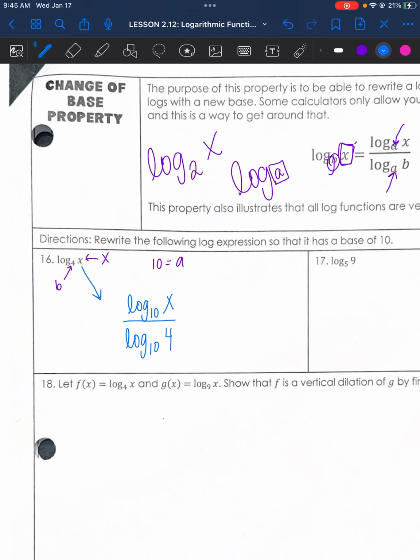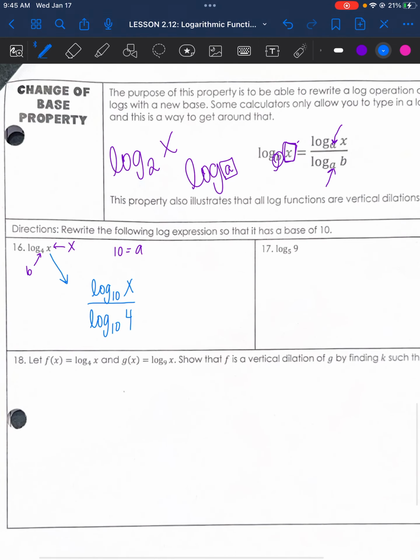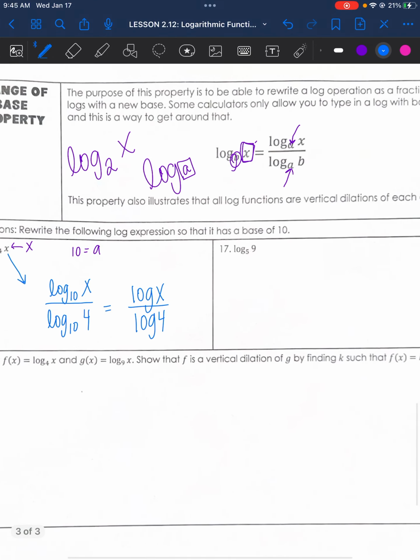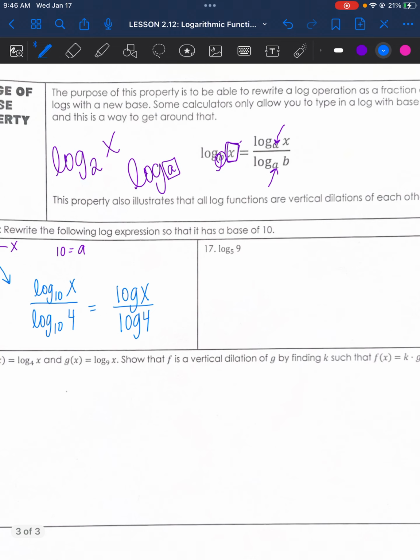Now be careful, you're like, oh, well that's log base 10 of x minus 4. No, you've got your properties kind of backwards. If you have two logs being divided, there's no way to condense them into one right now. You just leave it like that. Now you can write it as log of x divided by log of 4. So number 17 would be log of 9 divided by log of 5.